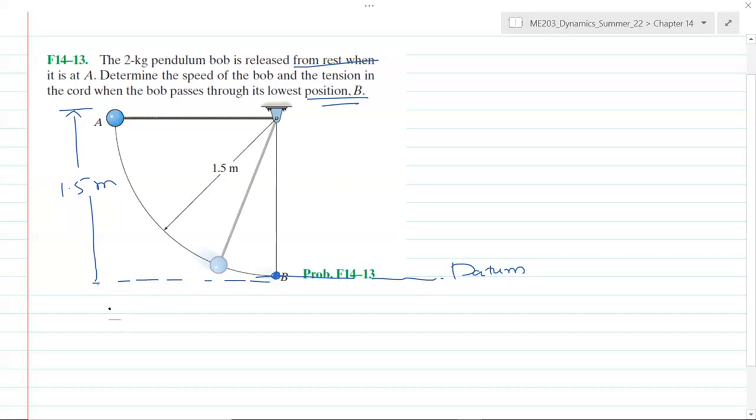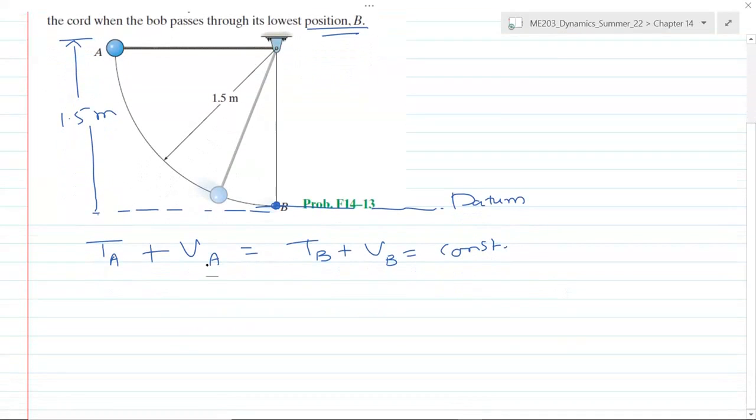So we can apply the conservation of energy equation, and gravity is the only force that's doing the work. So TA plus VA is equal to TB plus VB, which is equal to a constant. Where TA is kinetic energy at A, so 1/2 m VA squared.